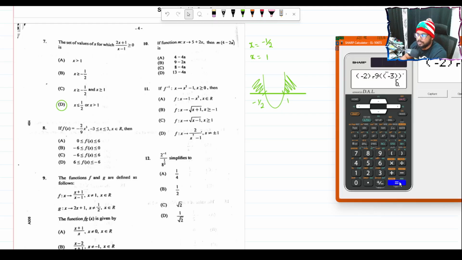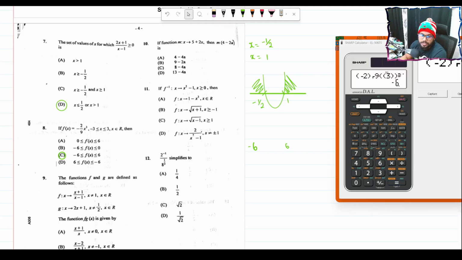I get 6. And we want 3 cubed now, so I'll just delete the minus sign. I get minus 6. The minus 6 has to come first because the smaller number always comes first. So it's between minus 6 and 6. The answer is C.